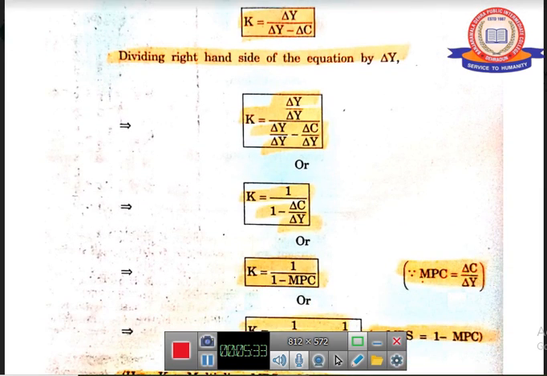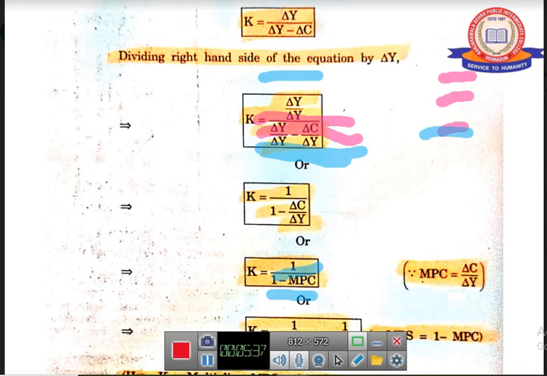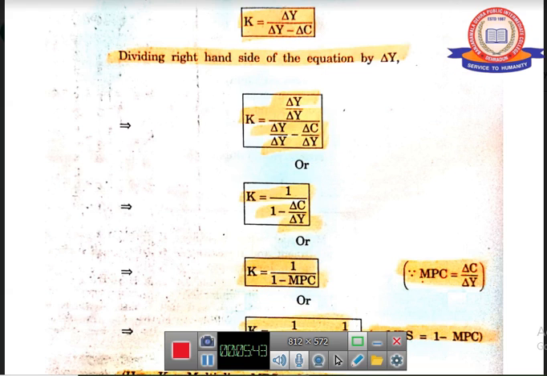Now divide the whole right hand side by del income, and you will get del income upon del income minus del consumption upon del income. So we can write it as like this.